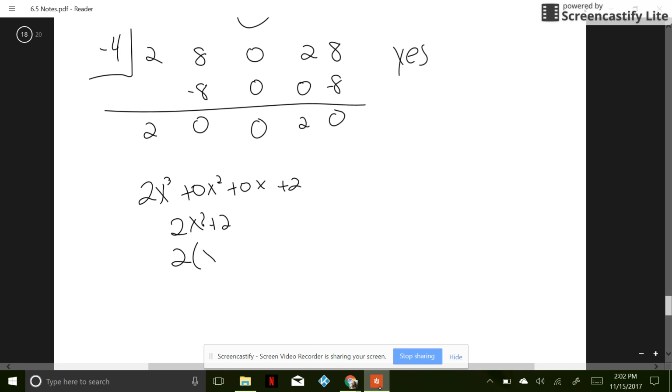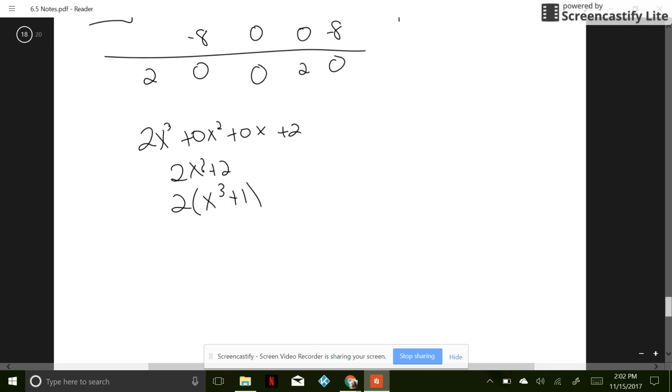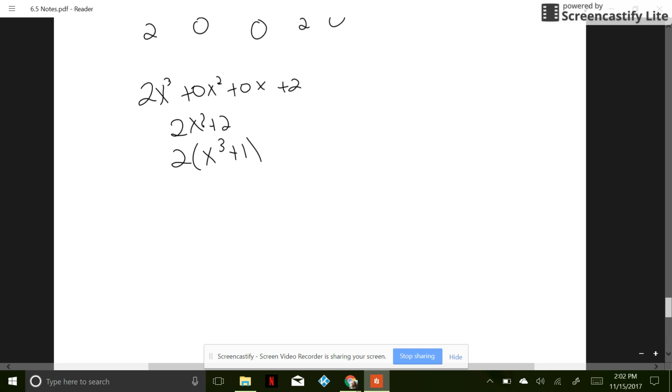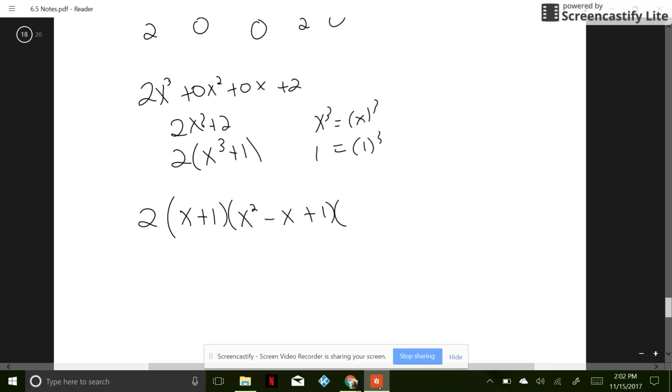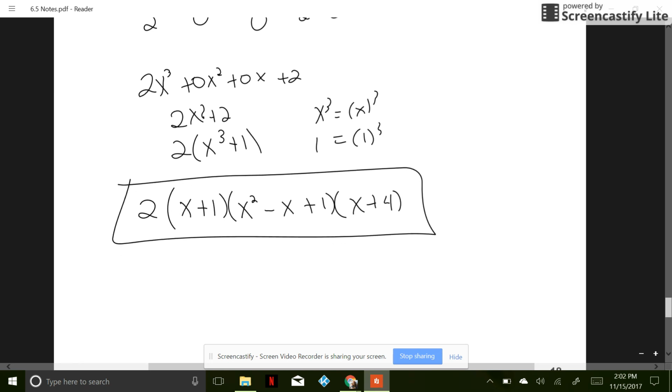Can factor out a 2, get x cubed plus 1. x cubed plus 1 is a sum of cubes, because x cubed is the quantity x cubed. 1 is 1 cubed. So that'll get us x plus 1, x squared minus x plus 1, and then our original factor, which was x plus 4. So this whole thing is our factor there.